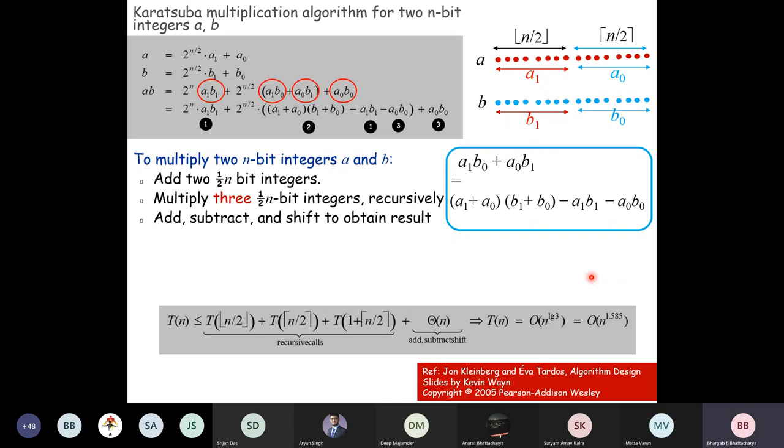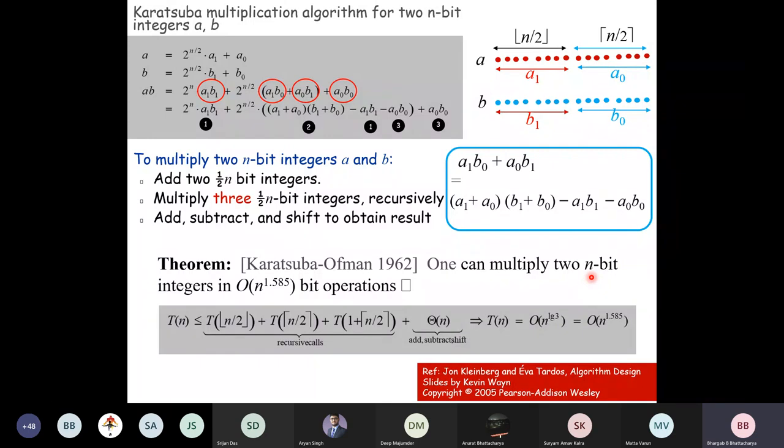Interestingly, after publication of Karatsuba's result, this was published in 1962, the theorem by Karatsuba and Ofman: one can multiply 2 n-bit integers in the order of n to the power 1.585 bit operations.